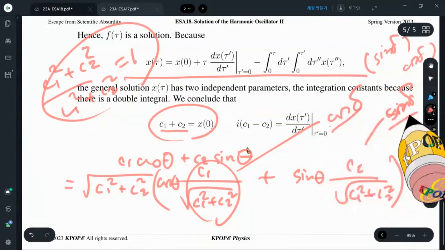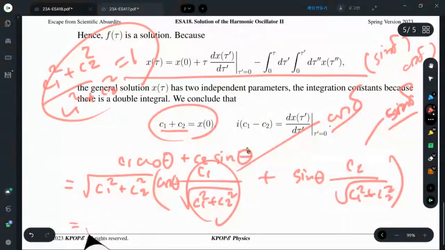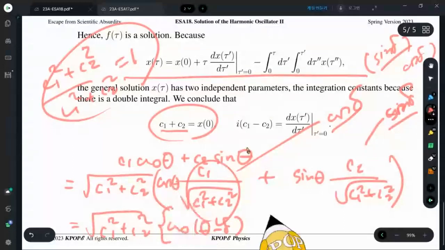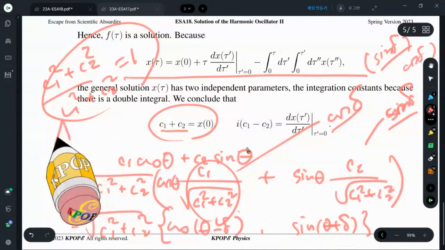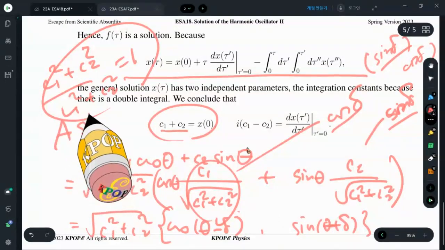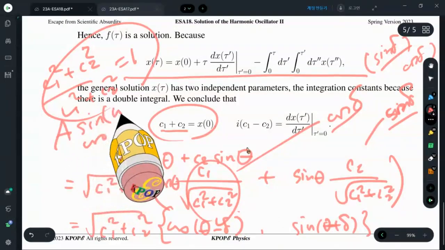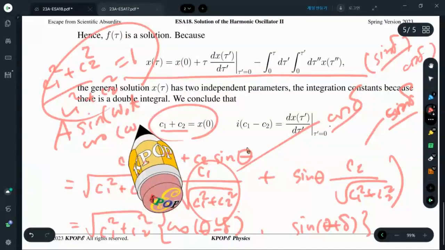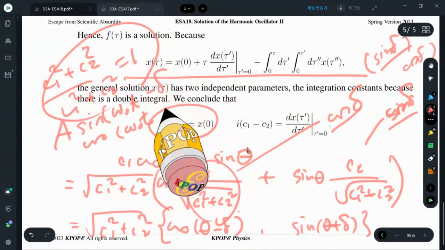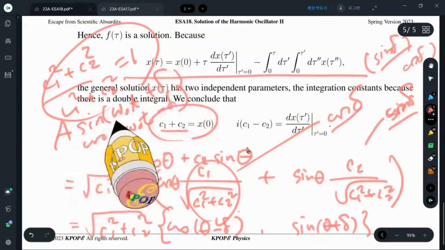In case you have chosen cosine and sine, then your answer will be the square root of C1 squared plus C2 squared times cosine of theta minus delta. Or if you use this, your answer will be sine of theta plus delta. Either way, you have an amplitude and sine or cosine of omega 0 t minus delta, or plus delta.